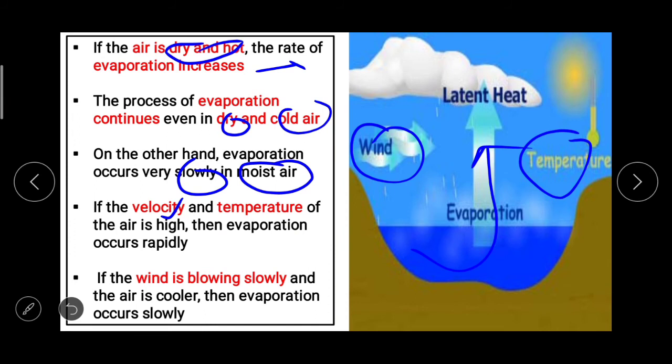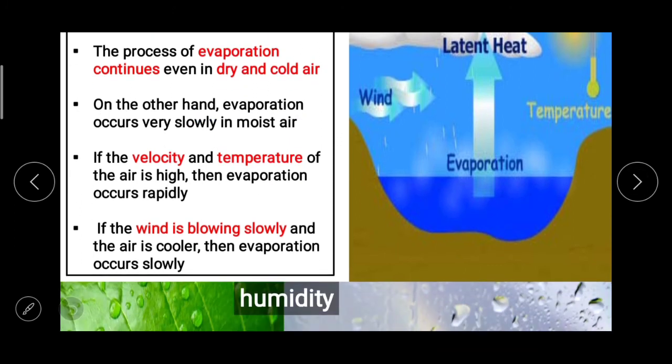If the velocity and temperature of the air are high, then evaporation occurs rapidly. And if the wind is blowing slowly and the air is cooler, then evaporation occurs slowly. This is very important to learn. Then you can write that if air is dry and hot, then evaporation increases. In this way, in the form of a formula, you can keep this in mind.